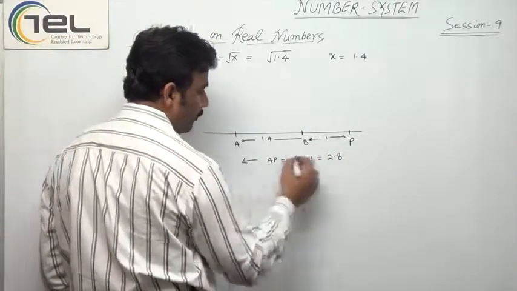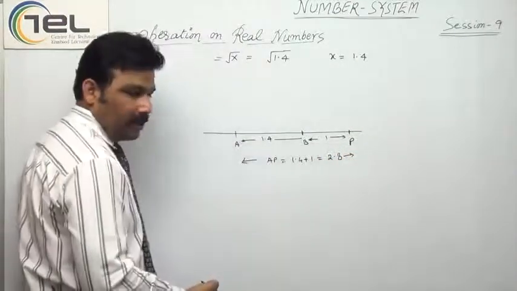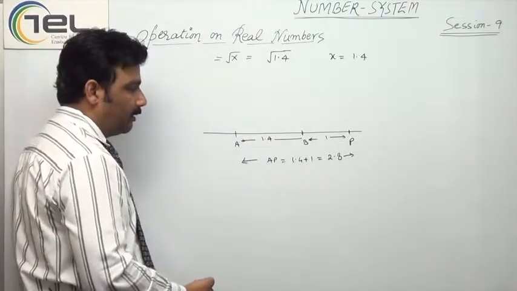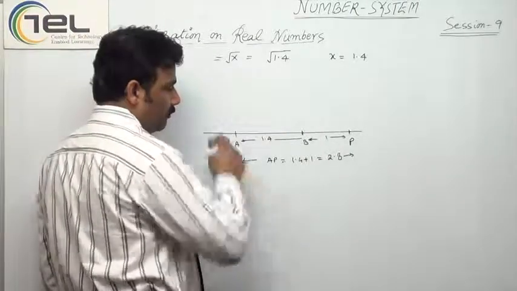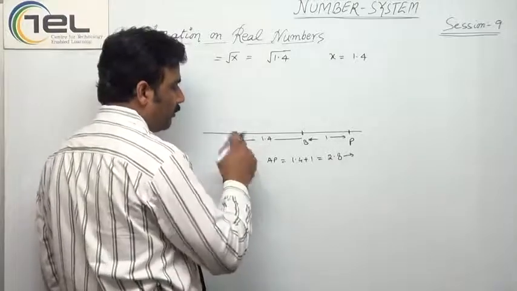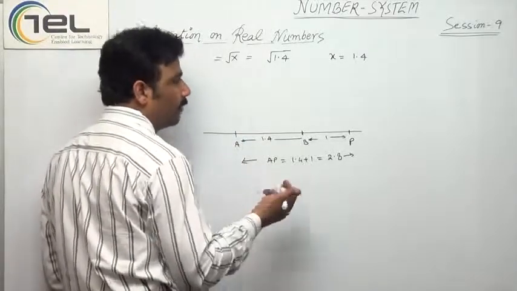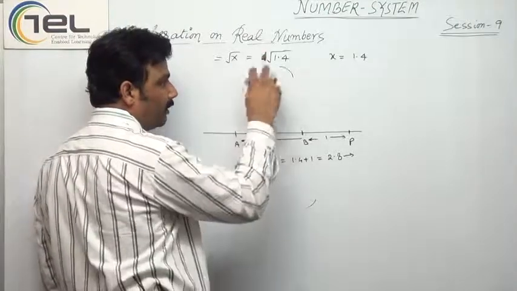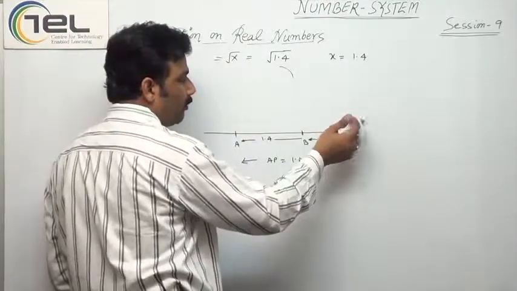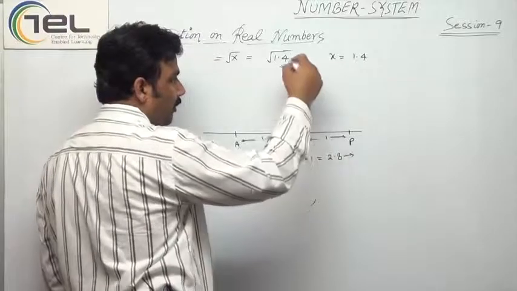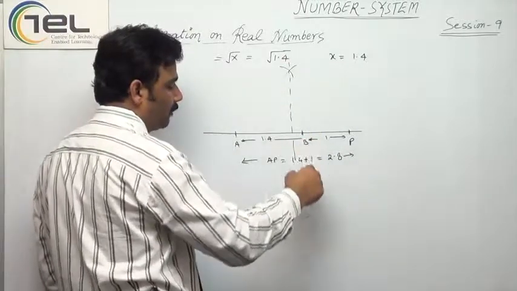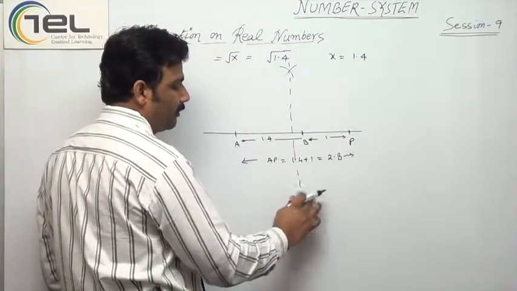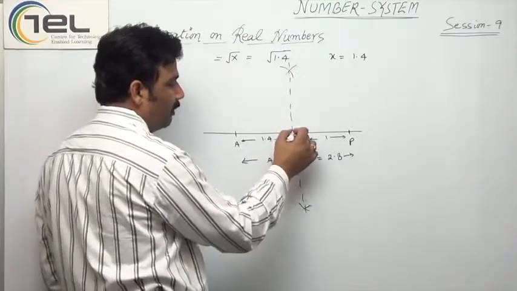This is AP, from here to here. I will take the midpoint of this. To get the midpoint, I can draw a perpendicular bisector like this. From putting the point here, I can draw these two arcs, and from here I can draw these two arcs, and if I join these two arcs like this, they will meet at a point.